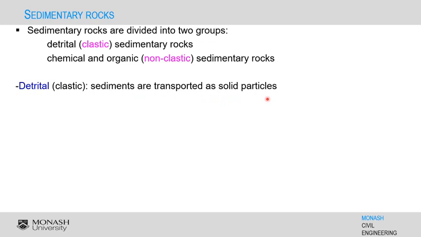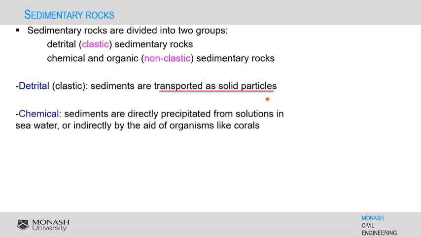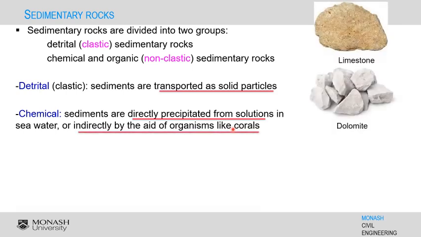Sedimentary rocks also can be formed by chemical processes. Rocks of this type are classified as chemical sedimentary rocks. Limestone, dolomite, and gypsum are some examples of these types of rocks.